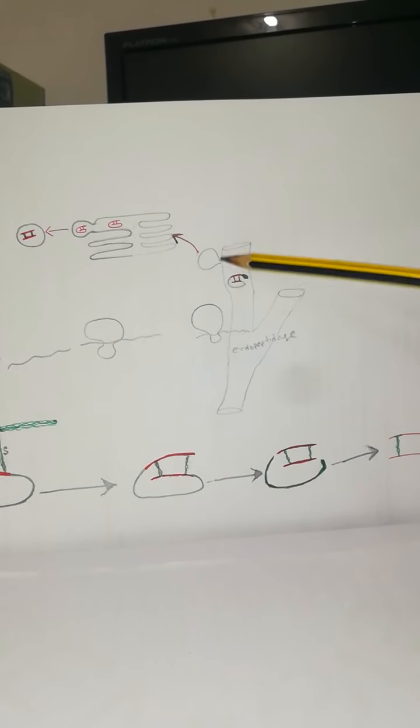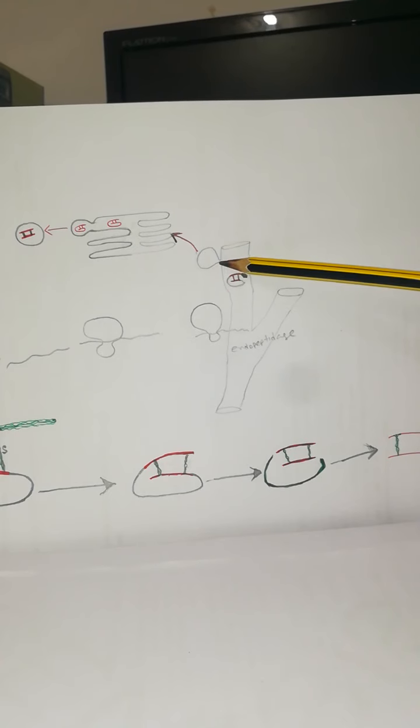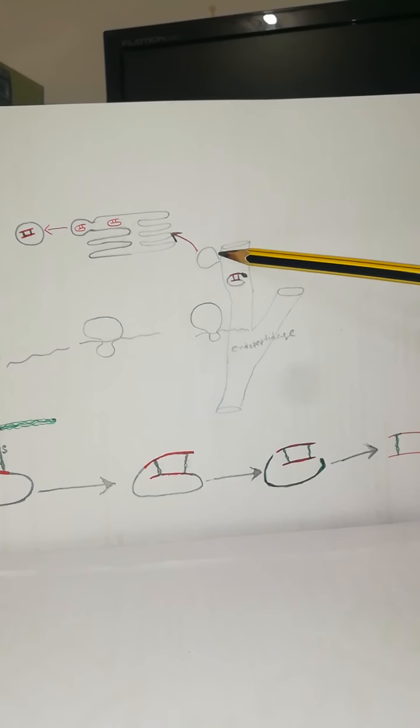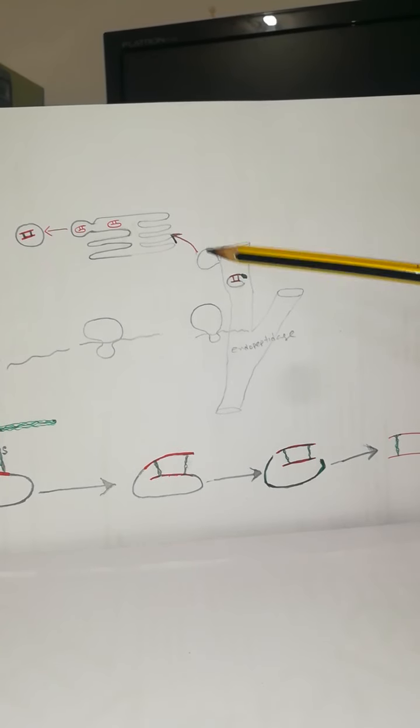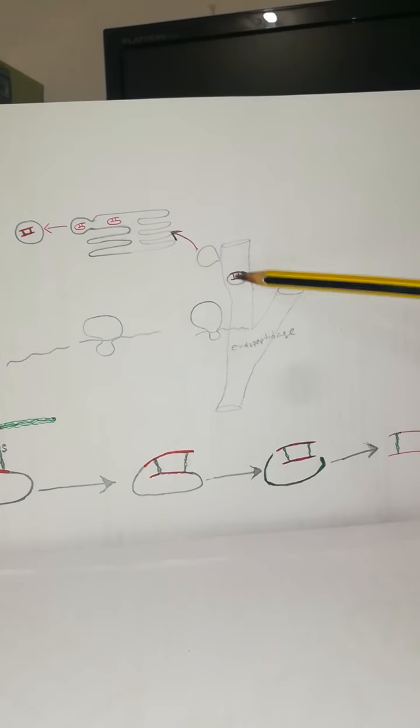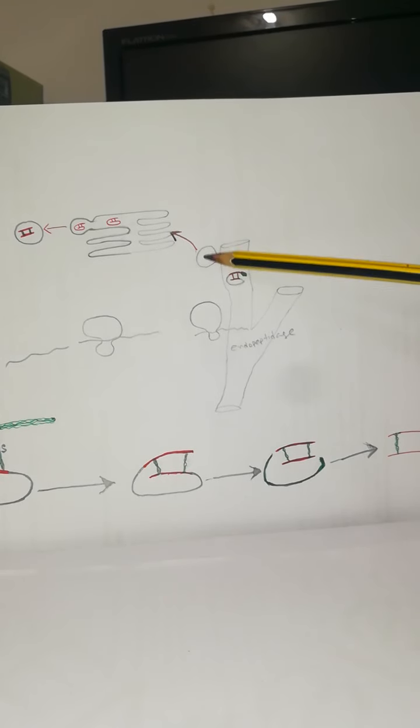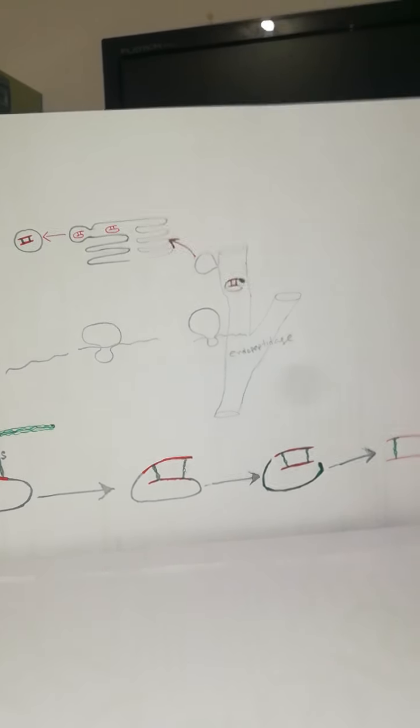Now this proinsulin enters into the folded structure of the membrane of the endoplasmic reticulum. This endoplasmic reticulum membrane is folded properly and a vesicle forms, and this proinsulin enters into the vesicle or folding structure.